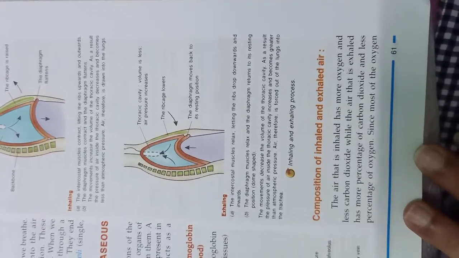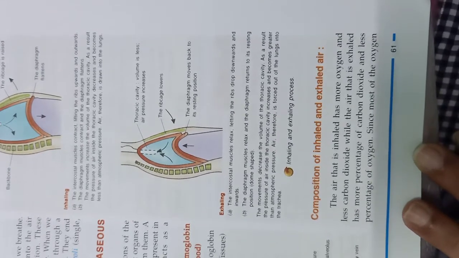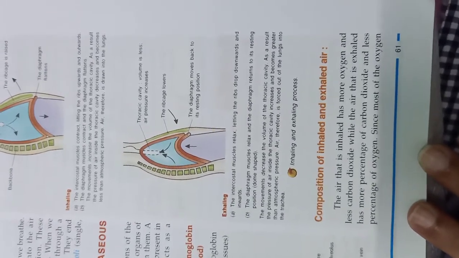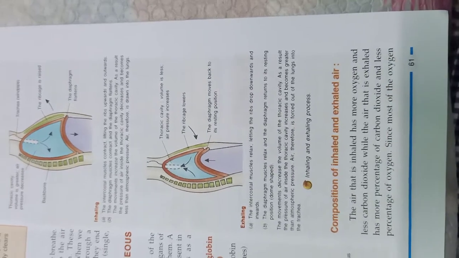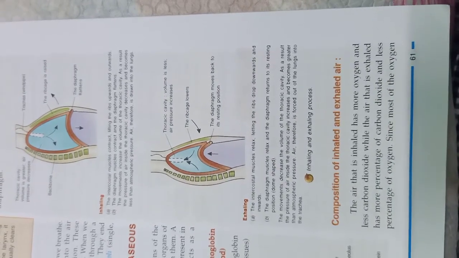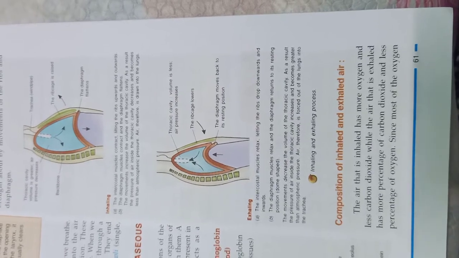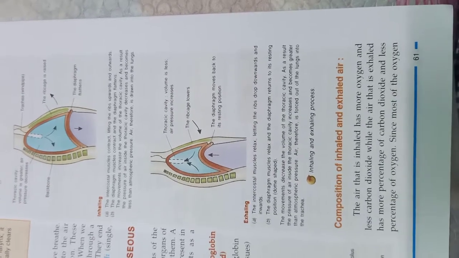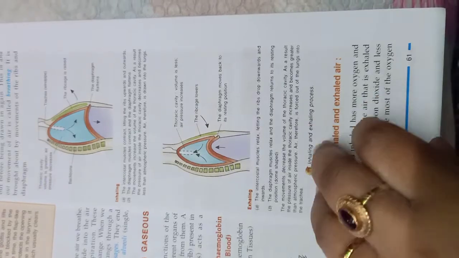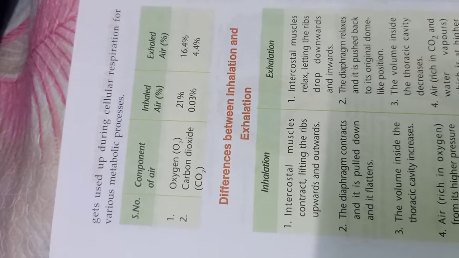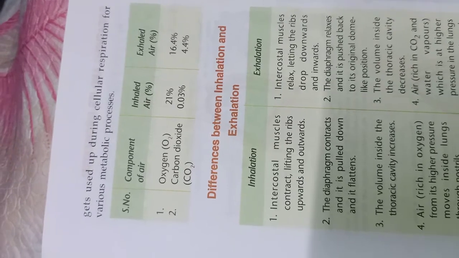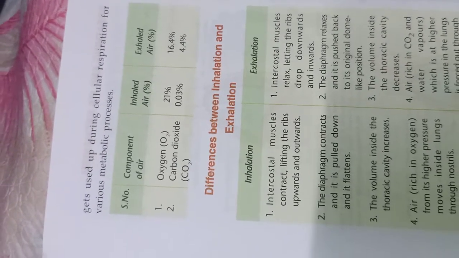Now this also you know that the air that we breathe in contains more oxygen and less carbon dioxide, while the air that we exhale contains a lower percentage of oxygen but a higher percentage of carbon dioxide. Since most of the oxygen gets used up during cellular respiration for various metabolic processes.